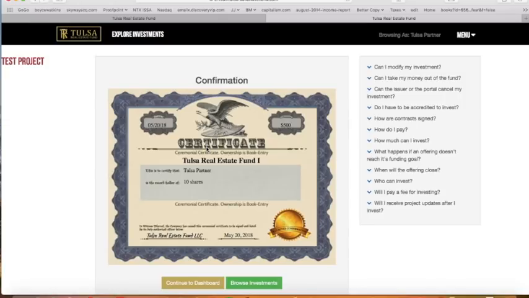Following the completion of any background checks as well as AML checks, you will receive communication from our transfer agent ComputerShare regarding your official digital stock certificate as well as information pertaining to the actual investment on a go-forward basis from us as far as quarterly statements as well as dividends after your annual 12-month blackout. And so you'll be an official Tulsa Real Estate Fund investor.